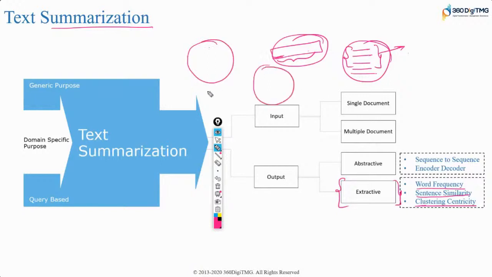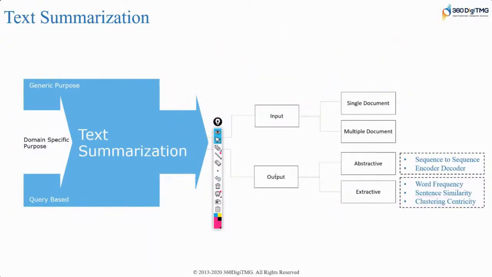You create clusters of sentences, and those sentences which are very, very central to the cluster would be picked up as a summary of this entire document. You first create clusters of different documents and then pick up one which is at the center. How do you do it? Of course you have to wait for the Python practical implementation. This is just a theoretical bit of it.